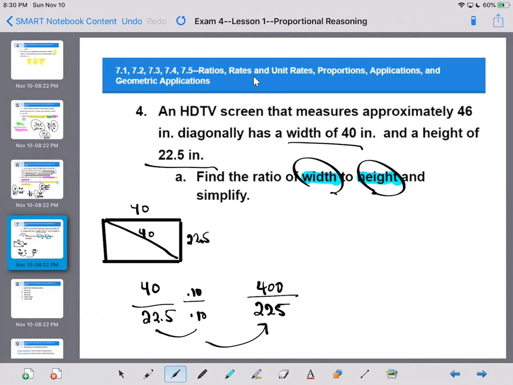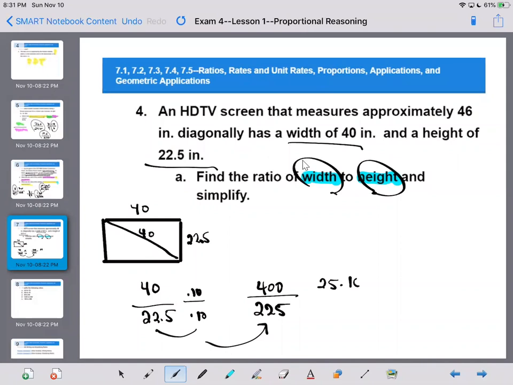Now, we can try to simplify. So we've got 400 divided by 225. We can actually divide them both by 25. How many quarters are in $4?